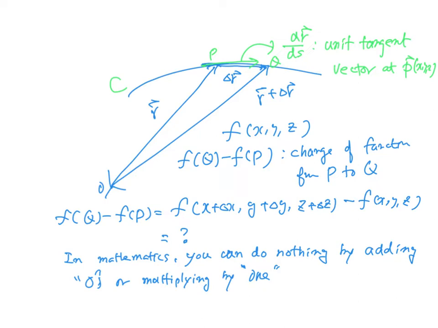In mathematics, you can manipulate equations without changing anything by either adding 0 or multiplying by 1. It doesn't change, right?